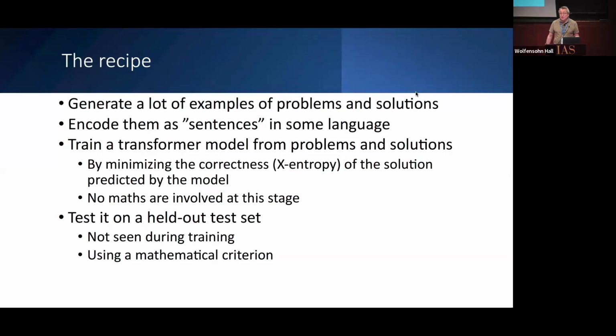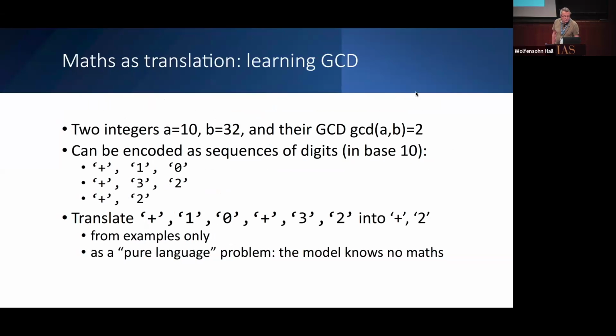It's the correctness of the solution, basically sort of a Hamming distance between the predicted value and the correct value. At this point, there's absolutely no math. Then once the model is trained, you test it on a held-out test set, so problems the model hasn't seen at training, and use a mathematical criterion to see if the model learned math.